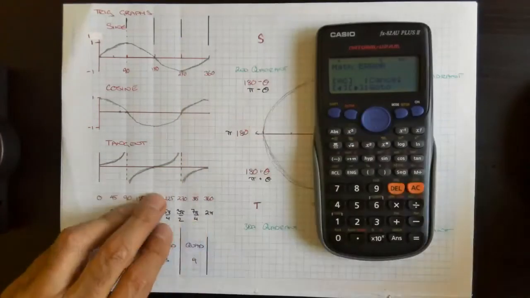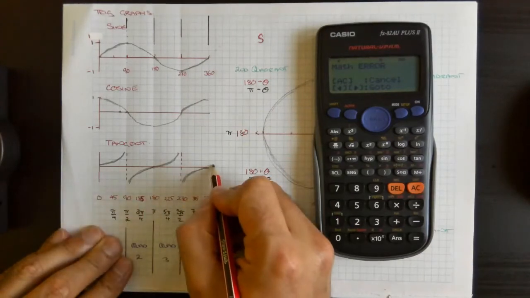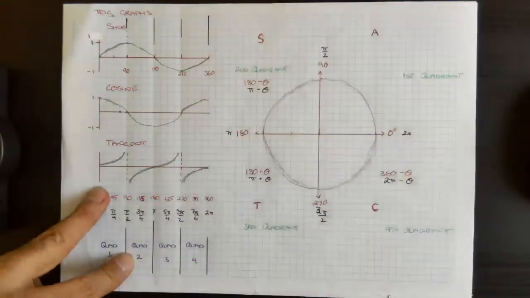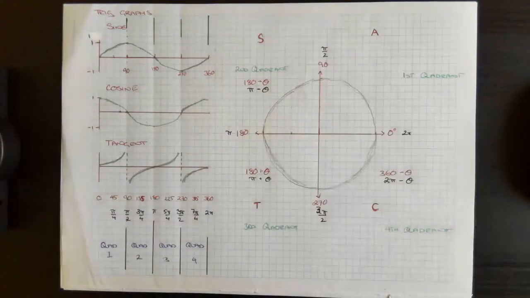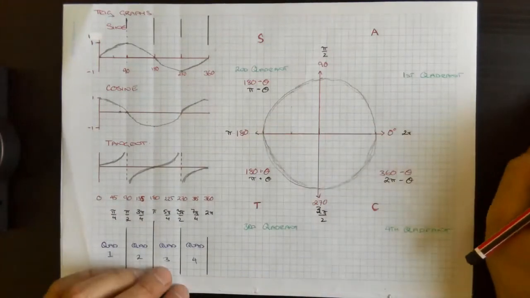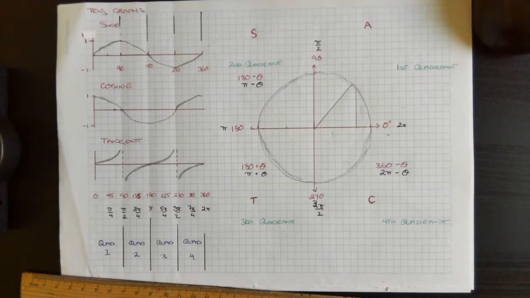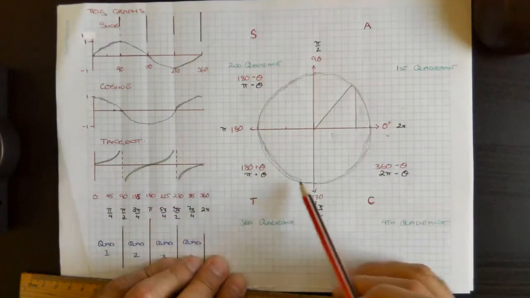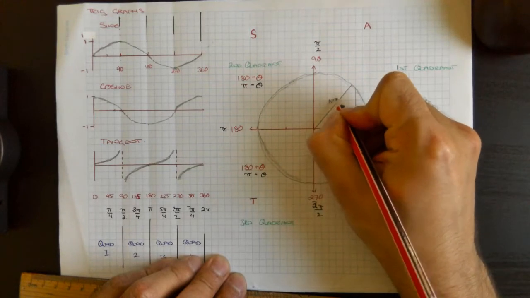So this wave has a lot of asymptotes. And it comes from the unit circle. So imagine we had a circle with the radius of 1 unit.